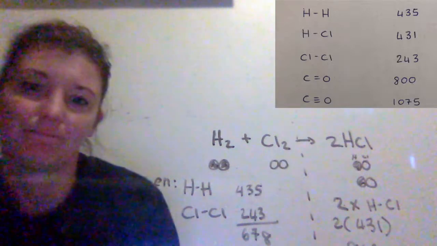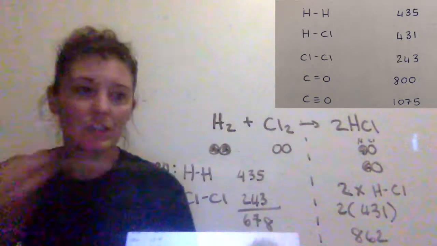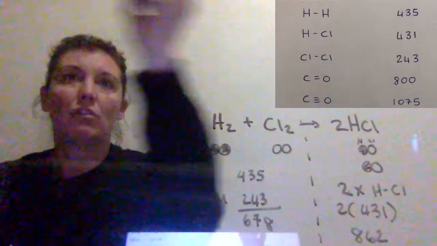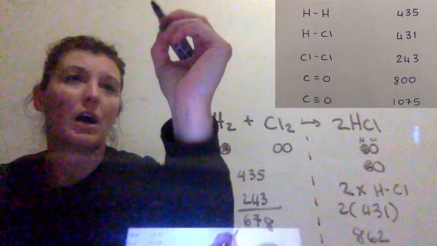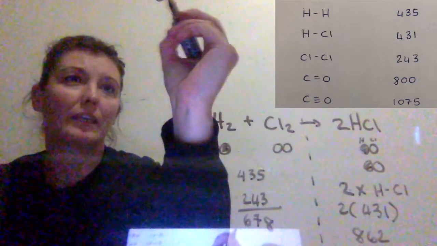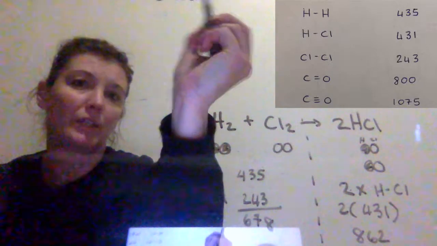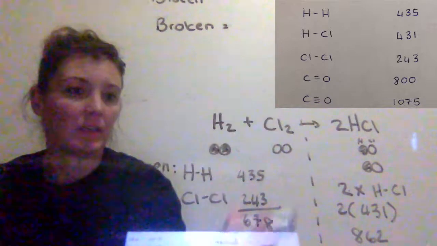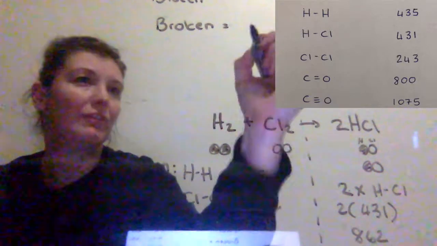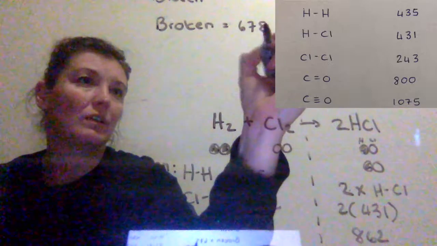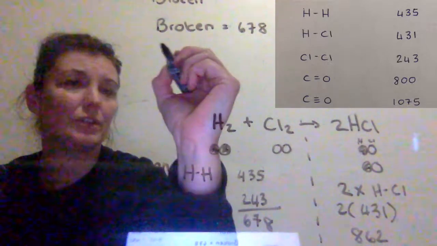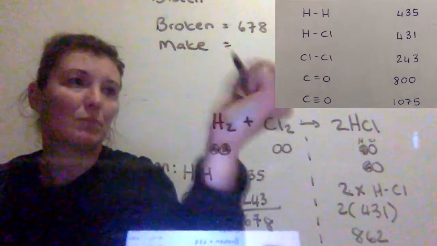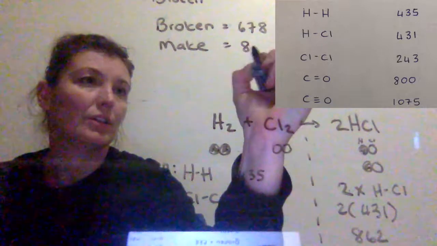So now that we've got these two numbers, the amount needed to break them is 678, and the amount needed to make these bonds is 862.